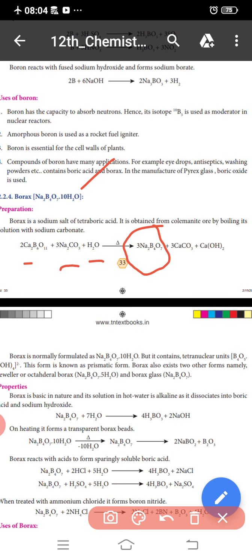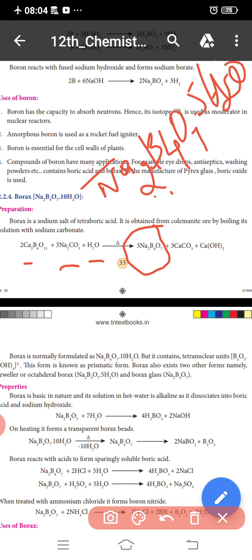Borax also exists in two other forms, namely jeweller's or octahedral borax, Na2B4O7·5H2O, and borax glass, Na2B4O7.